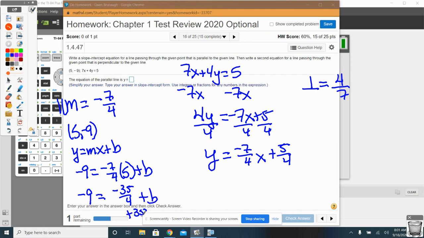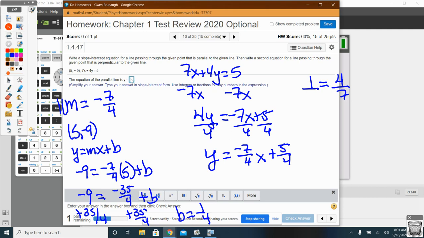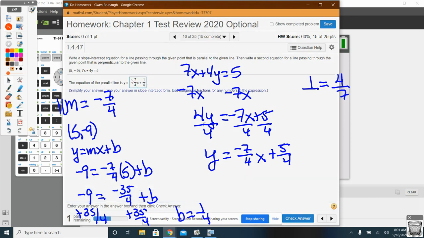Add the 35/4. Hit math 1 again, and my b value is 1/4. So my parallel line is y equals negative 7/4 x, because that is that parallel slope, plus the y-intercept, which would be plus 1/4.